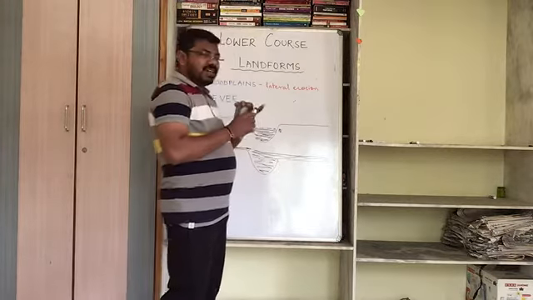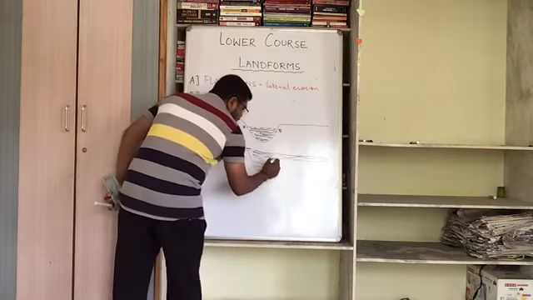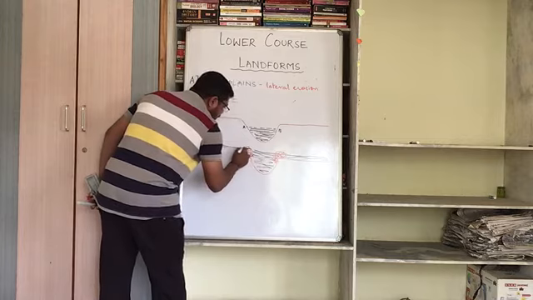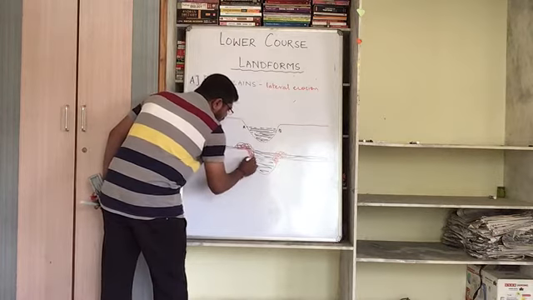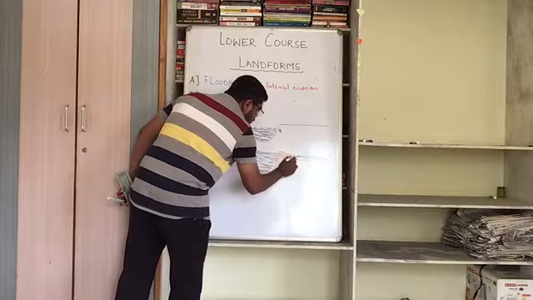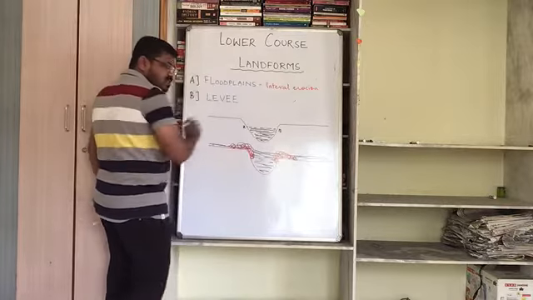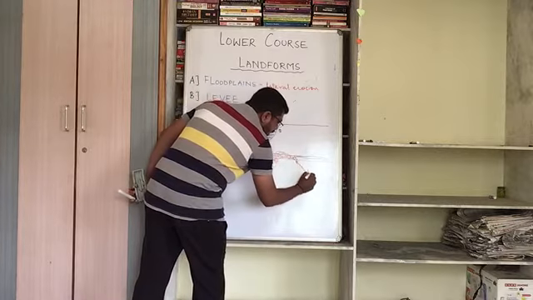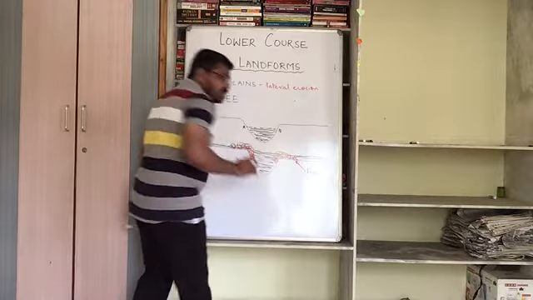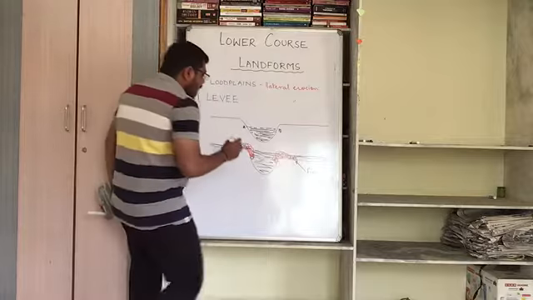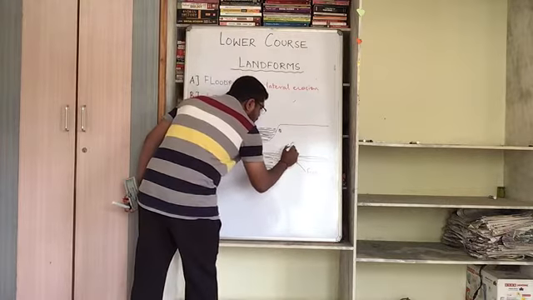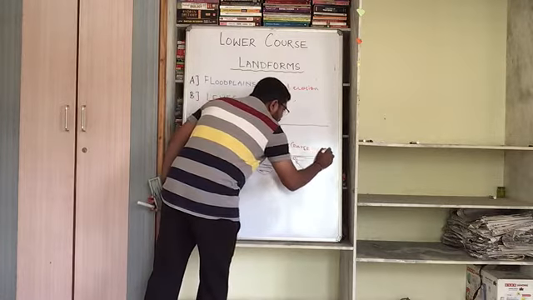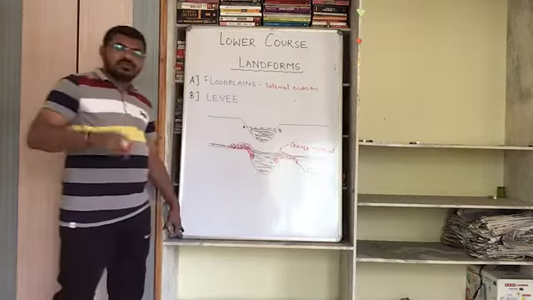So what will happen when the river overflows? The deposition starts on the banks. A lot of sediments are going to be deposited on the banks of a river or near to the banks of a river. Now the fine material will be deposited away from the bank, and the coarse material will be deposited very close to the bank.